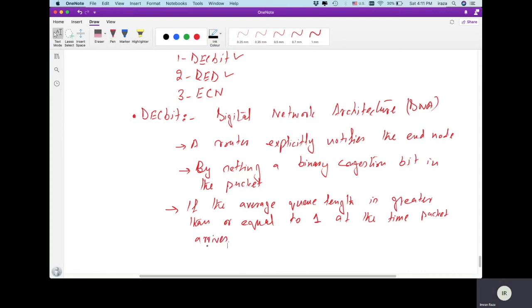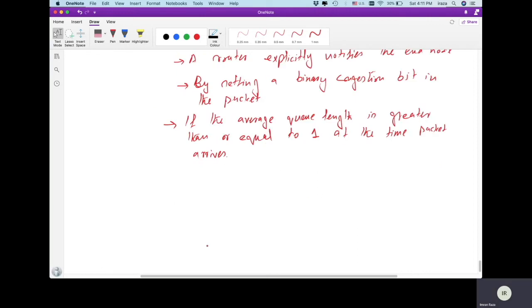So it's important to talk about the average queue length.